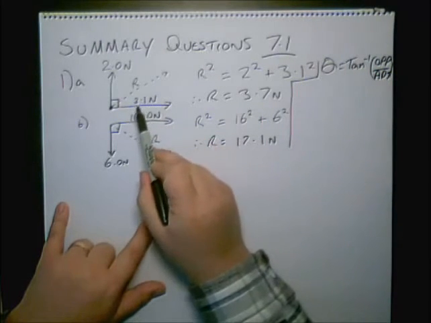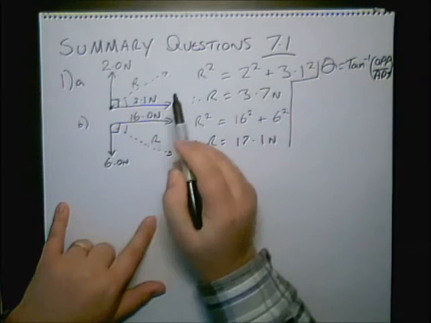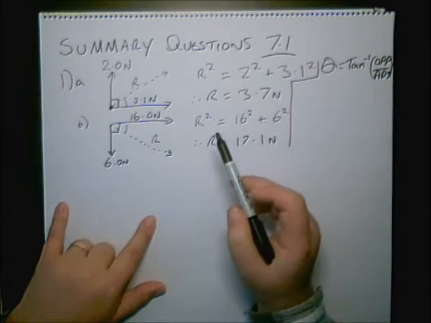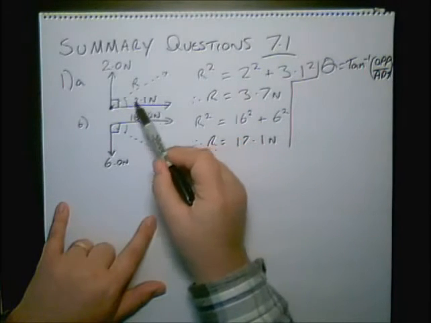Now, in this case, we're looking for these angles, which means the opposite will be the 2 or the 6, and the adjacent will be this 3.1 or the 16.